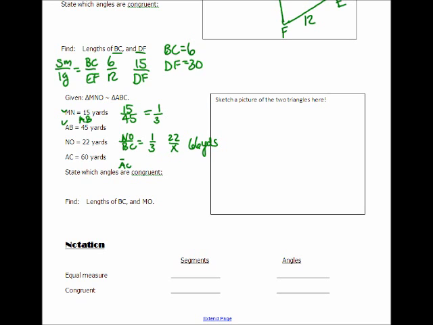So AC would correspond with, look back at my thing, MO. I don't know what it is. I know that this is 60, so I know that this would have to be divide by 3, and that would be 20. Okay? Gets a little easier once we learn how to do proportions. And the angles, M would correspond with A, N with B, and O with C.